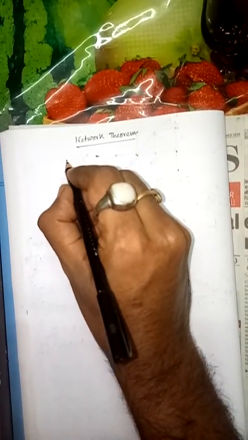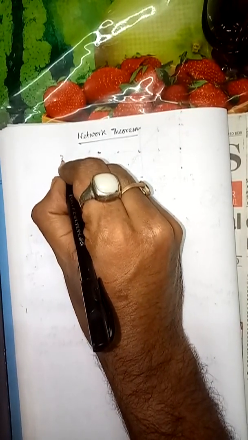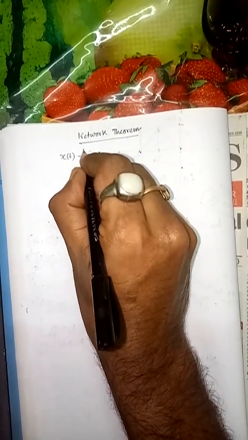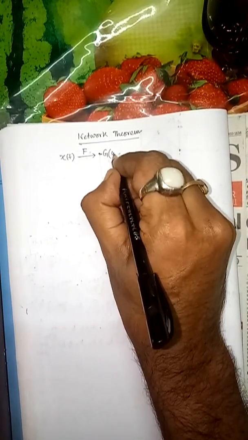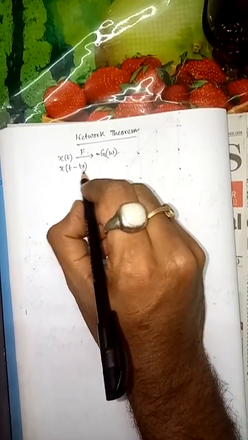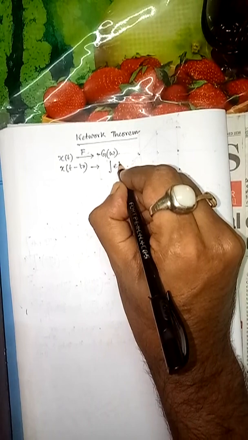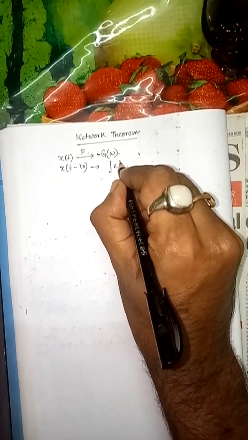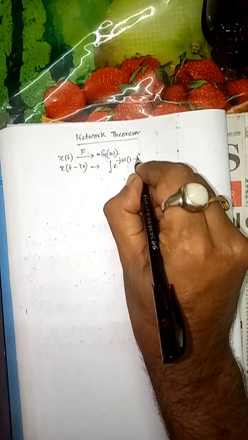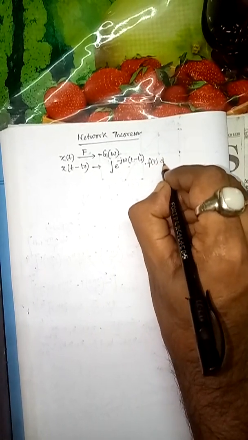Fourier transformation. I discussed one shifting property: if x(t) is converted to G(jω), then for x(t minus t0), that is a shifting, it should be the integration of e to the power minus jω(t minus t0) into f(t) dt.